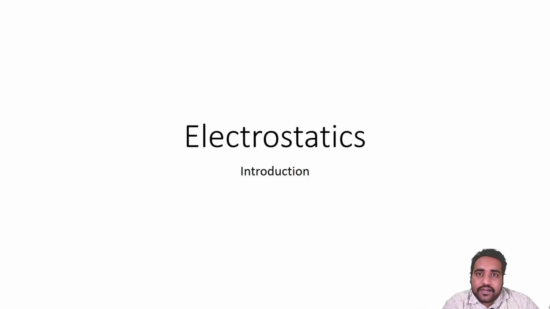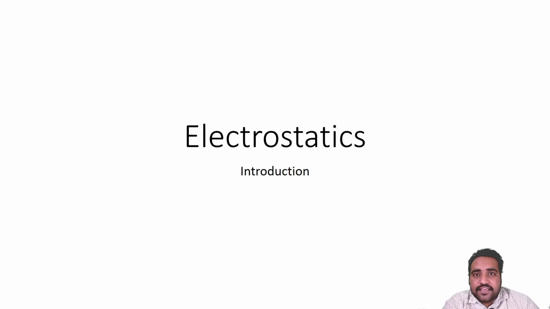In the previous module, we have seen the basics of vector algebra and the concepts of three-dimensional coordinate geometry. From this module, we would apply those basics on the problems of electromagnetics. We start the discussion of electromagnetics by electrostatics.